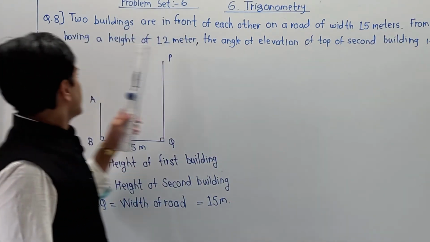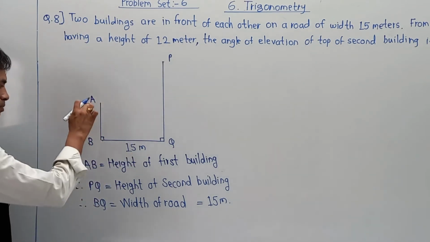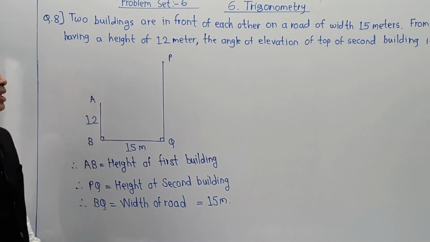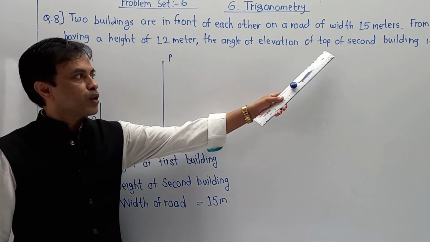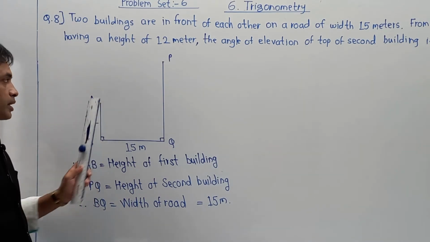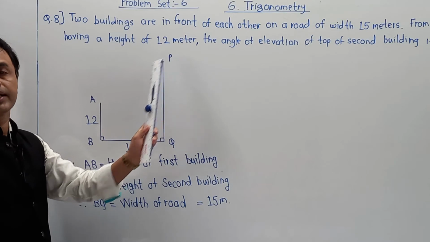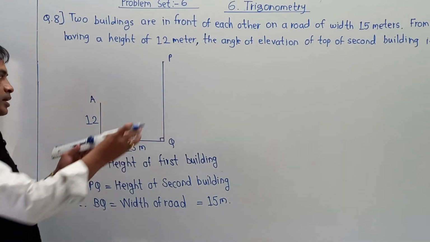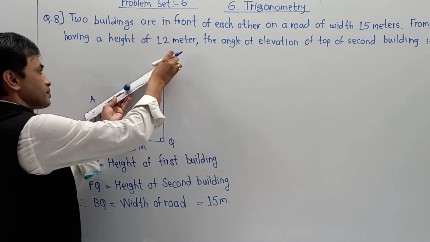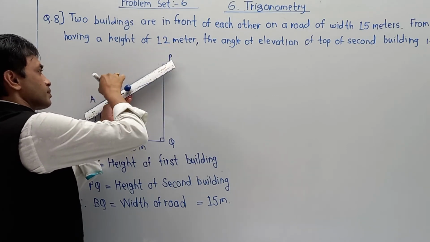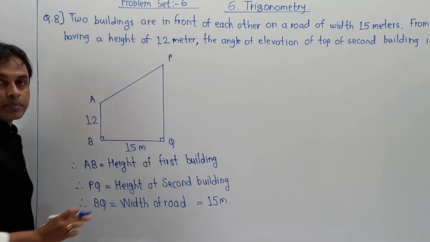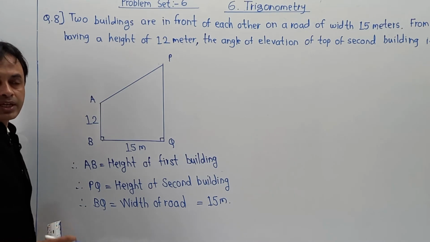From the top of the first building, having a height of 12 meters, if you want to observe the top of the second building, the angle of elevation is 30 degrees. Means from A to P this angle of elevation is 30 degrees, but I cannot draw the angle of elevation directly.